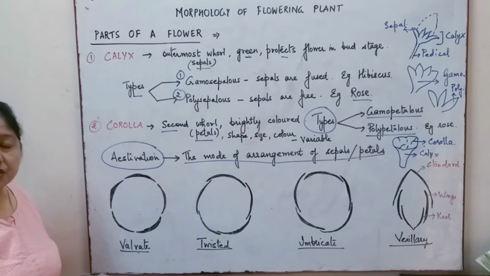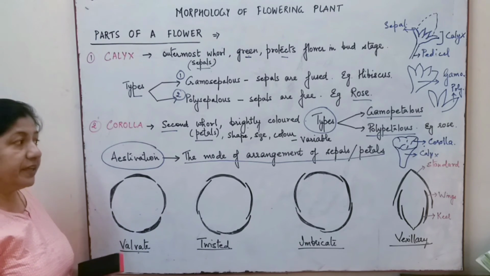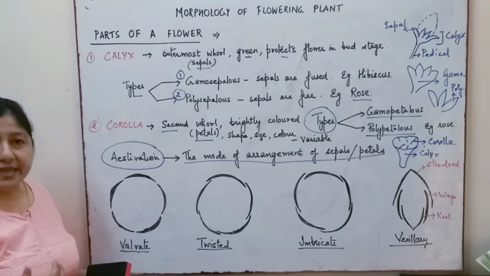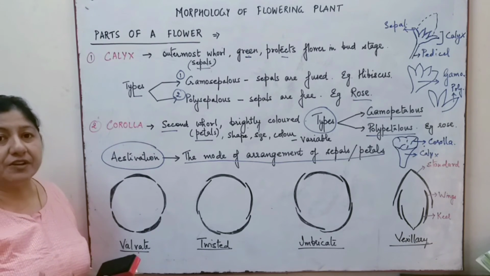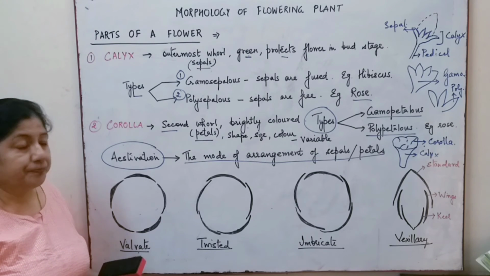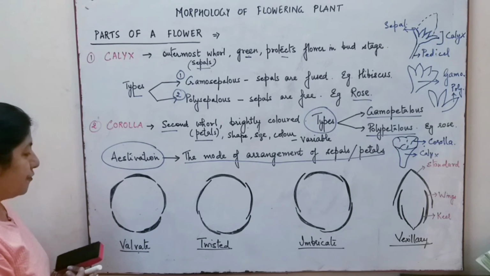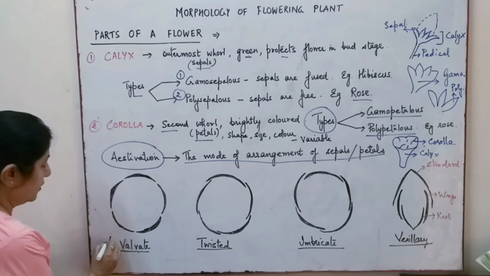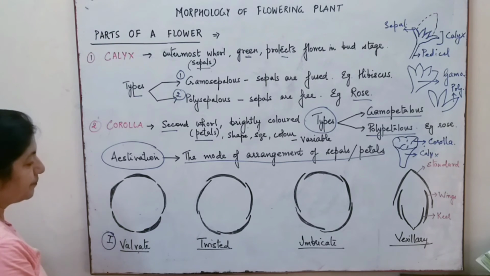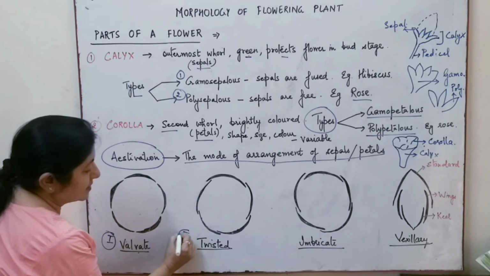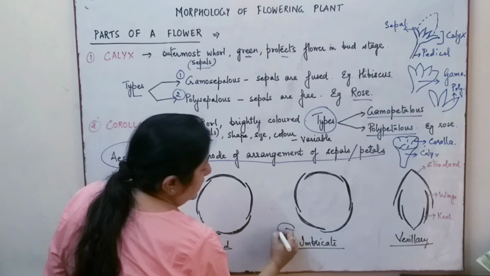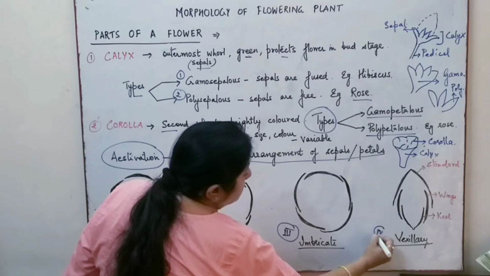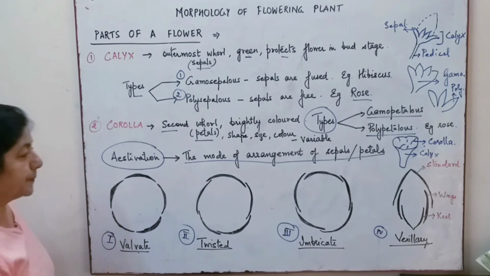So aestivation is the arrangement of the sepals and petals in a particular manner, especially when we are talking of the bud condition, and these are of 4 types. The first is the valvate type, the second is the twisted type, the third is imbricate, and the fourth is vexillary type.